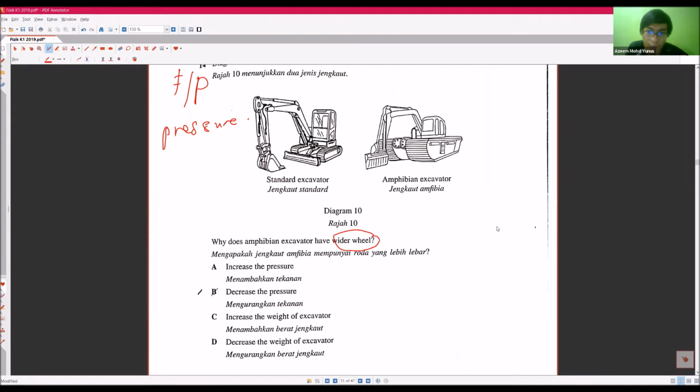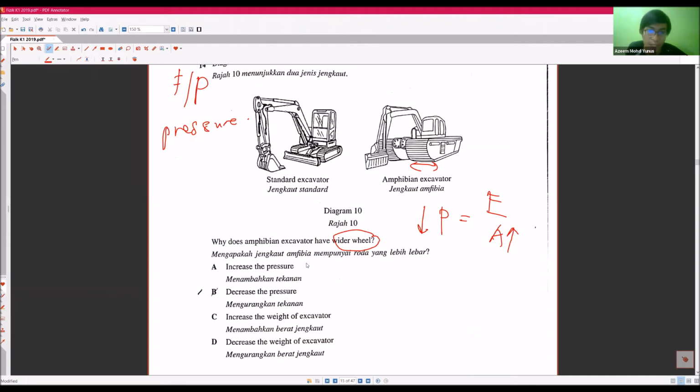So if we increase the area, pressure is reduced. Both excavators might be heavy, right? So we don't want it to sink deep into the soil. We want it to move without any difficulties on wet or damp soil. So we want the pressure to be reduced.